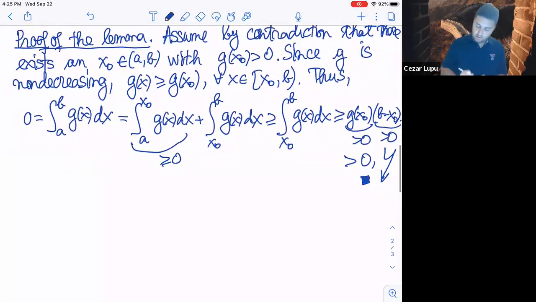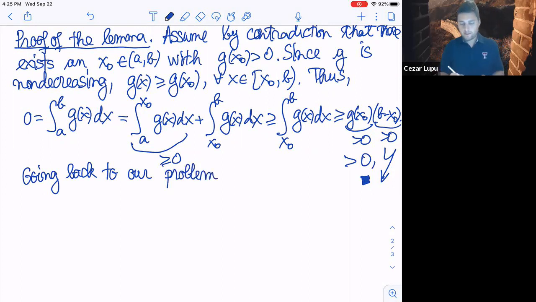So let's go back to our problem. So going back to the problem, for, let's say, x greater or equal than 1, we have the following.